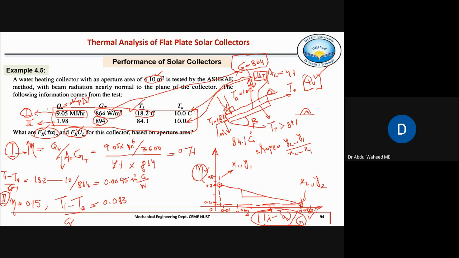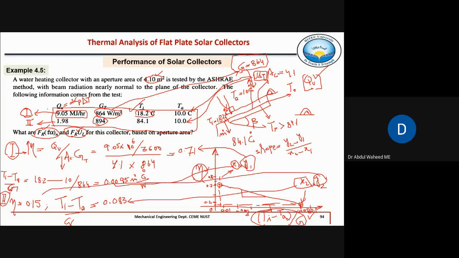So what is x1? This Ti minus Ta, this is x1. X1 is 0.0095, y1 is 0.71. Similarly, x2 is 0.083 and y2 is 0.15.